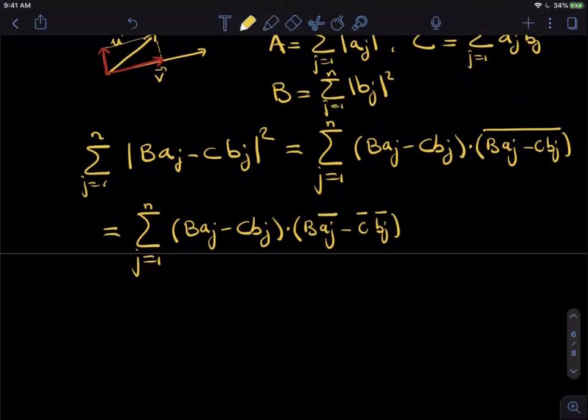So what do we do next? What we can do is compute this product.